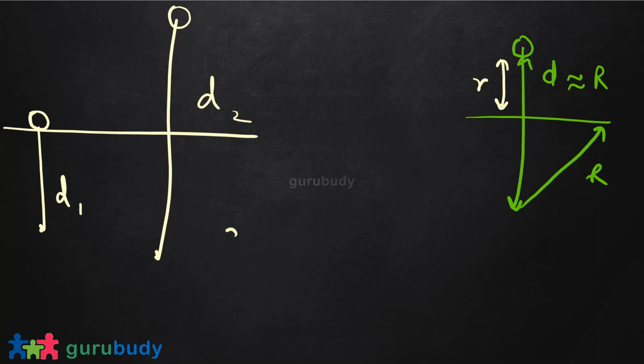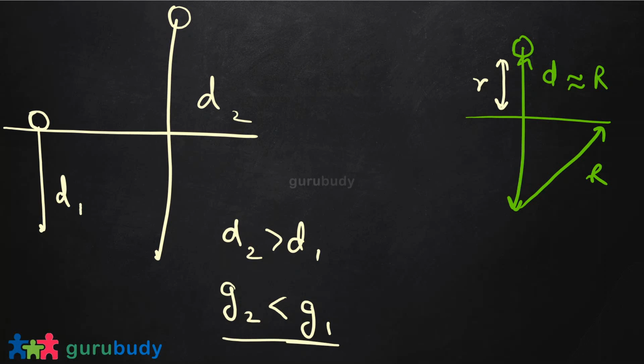So d2 is greater than d1, then gravity acting on object 2 would be smaller than gravity acting on object 1. As long as the object doesn't go very far from the earth, that difference is not going to be huge, so you can approximate by 9.8 meter per second square. But if your separation starts going really, really big, then you need to think about it.